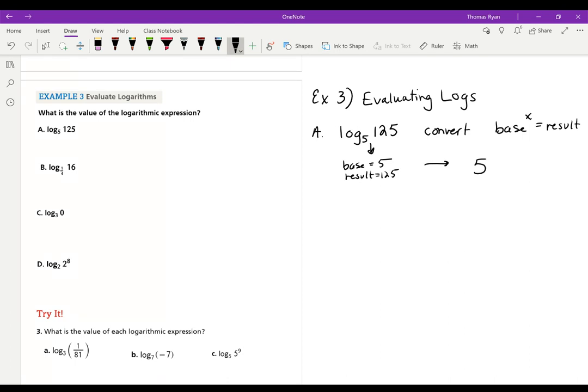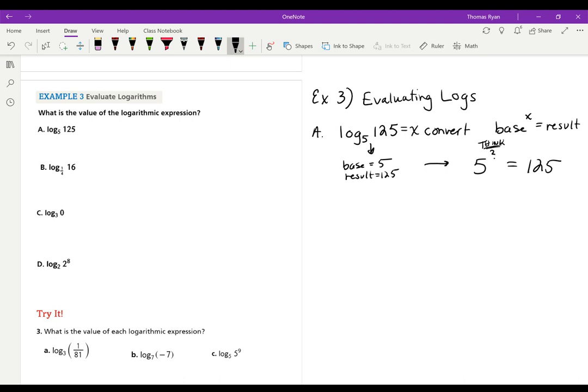So the base of 5 to what power is going to give us 125? Because remember, guys, that the base of some result gives you the exponent. It gives you your exponent. So this is what I want us to think, is think in terms of an exponential. Think the base to what power would give me 125.